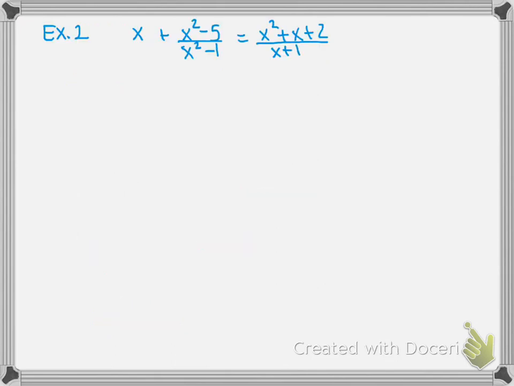Let's look at a second example. x plus x squared minus 5 over x squared minus 1 equals x squared plus x plus 2 over x plus 1. Here we need to start by factoring the denominators.